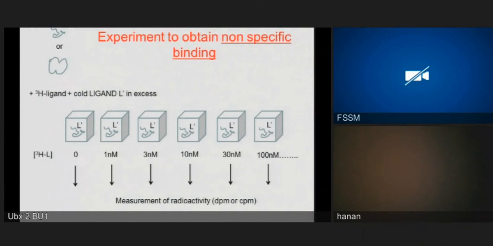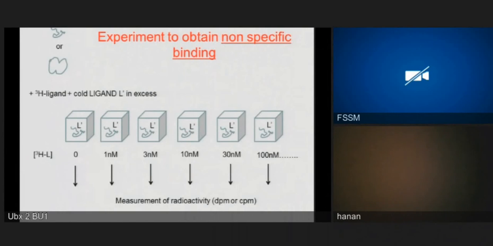So you are doing exactly the same experiment, and you are measuring also the radioactivity, except that in that case, you know that the radioactivity that you will get won't come from the LR interaction because it is not possible. So basically for the non-specific binding, you occlude the site of interest.